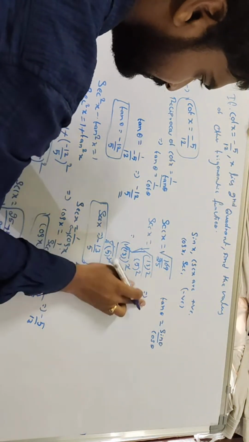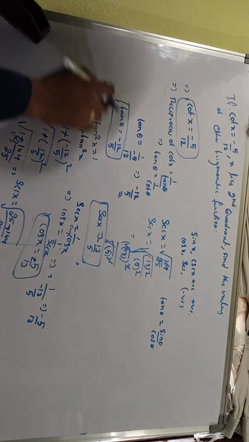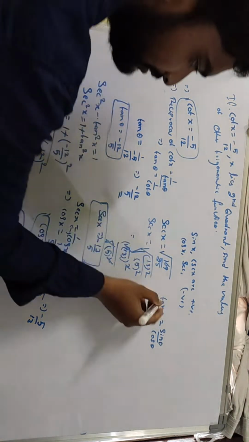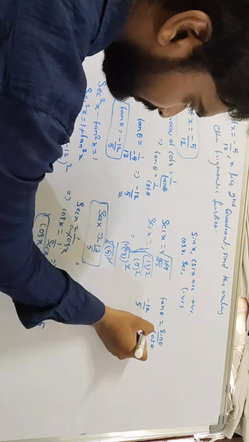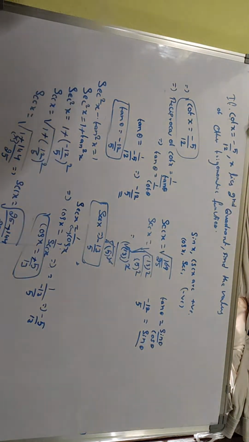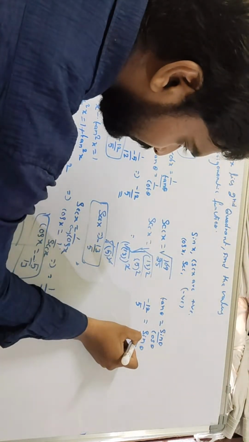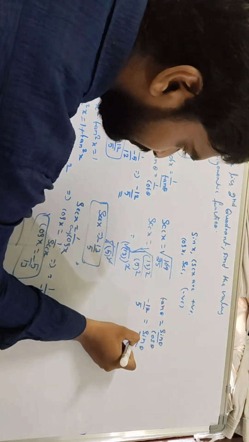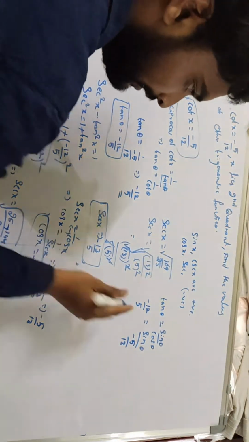We already know the value of tan theta. What is the value of tan theta here? Minus 12 by 5 is equal to sin theta divided by cos theta. What is the value of cos theta? The value of cos theta is minus 5 by 13.